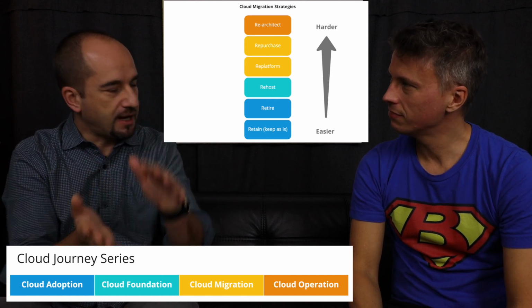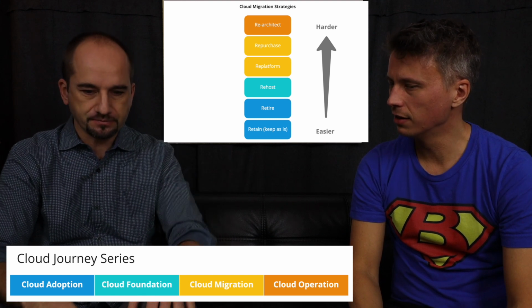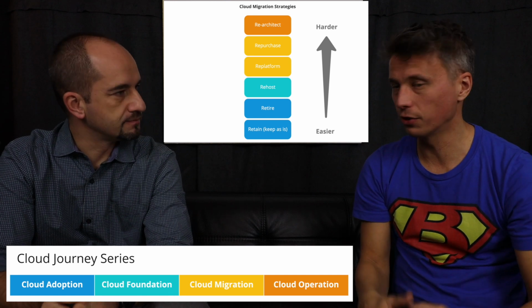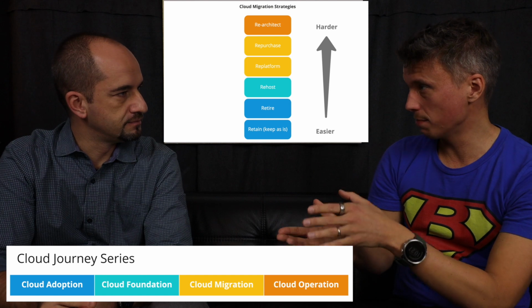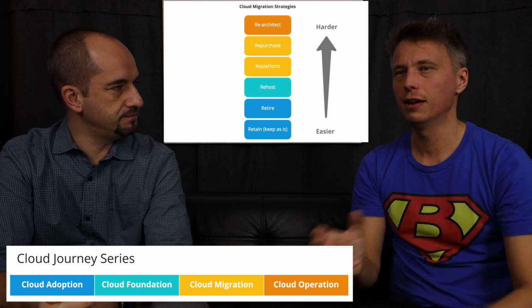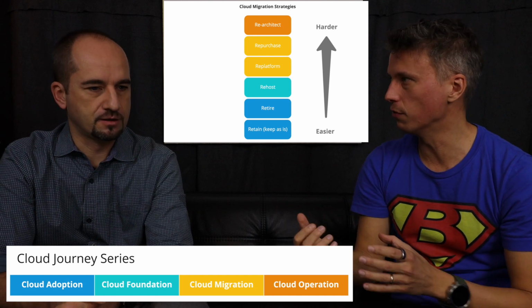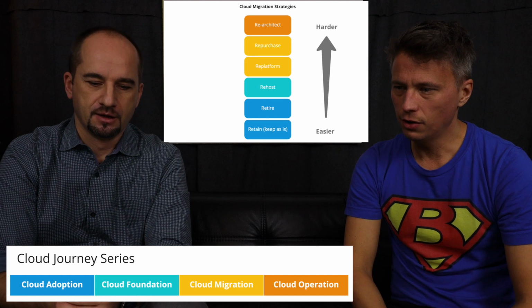Whichever path you choose, this foundation needs to be there. Yeah, absolutely. And just to mention the 6 different paths, it's not like you're going to choose exclusively one path. These are 6 patterns for how you're going to move over or not move over applications and workloads. You will have a combination of these. Yeah, exactly. Okay, so how do we start?